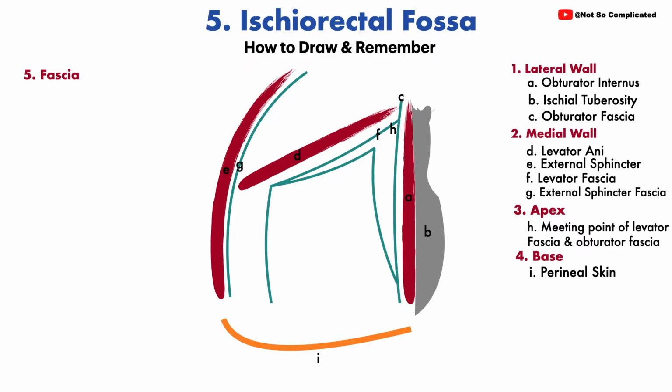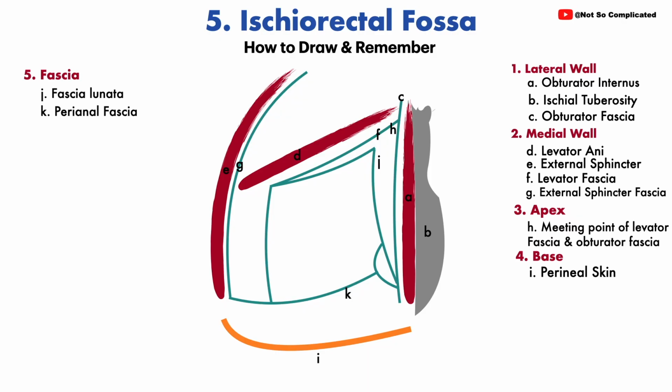So these two fasciae combining together will form fascia lunata, right? That is fascia lunata, and this is another fascia, the perianal fascia, and this is a covering making Alcock's canal. That fascia makes Alcock's or pudendal canal.